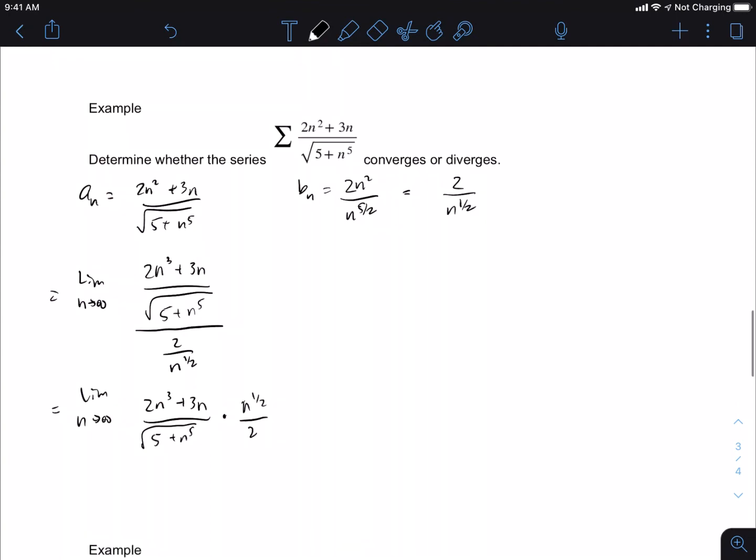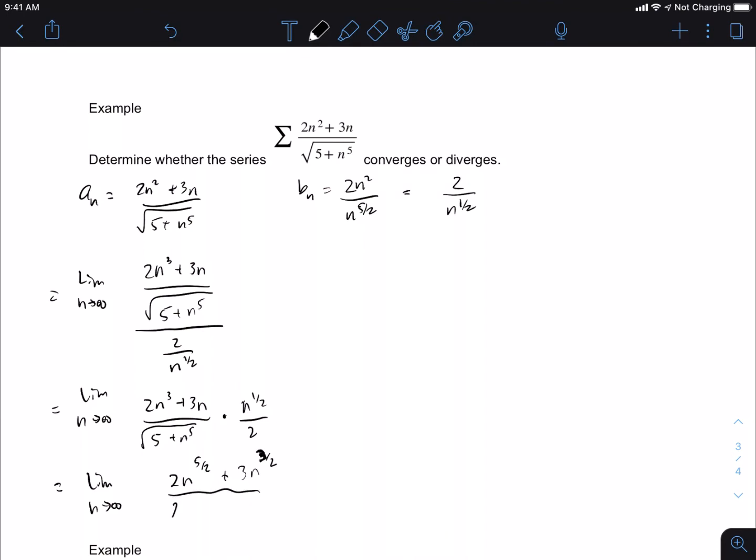And this should also be able to be cleaned up a little bit. So I'm going to go n as it goes to infinity, and I'm going to get 2n to the 5 over 2 plus 3n to the 3 over 2. That should be a 3 there.